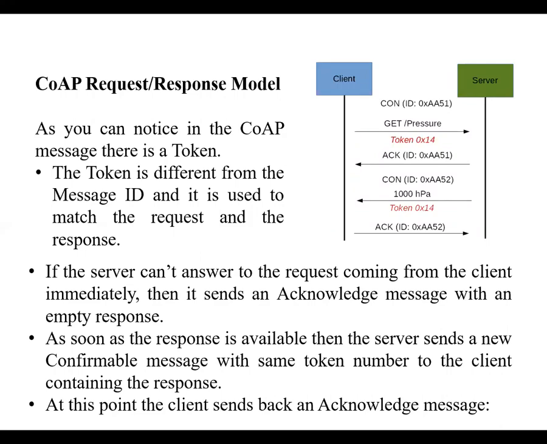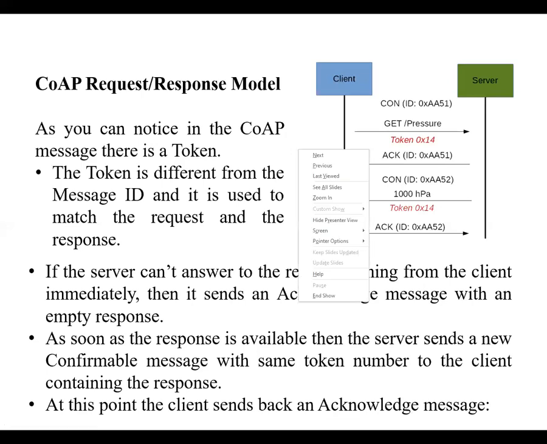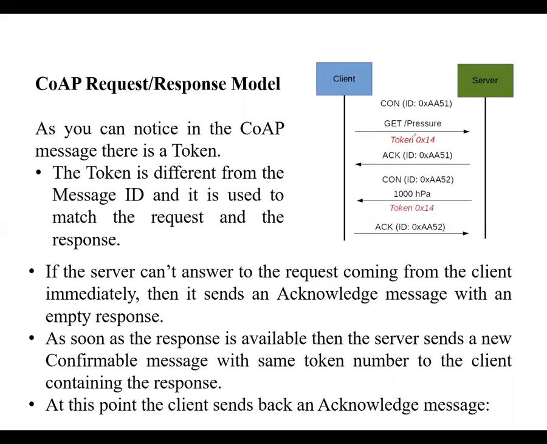And now server acknowledges that your request has been received. So the acknowledge ID is same as the request message ID. So you can see the server acknowledged the value, acknowledge ID. So the server message ID is same as this message ID.